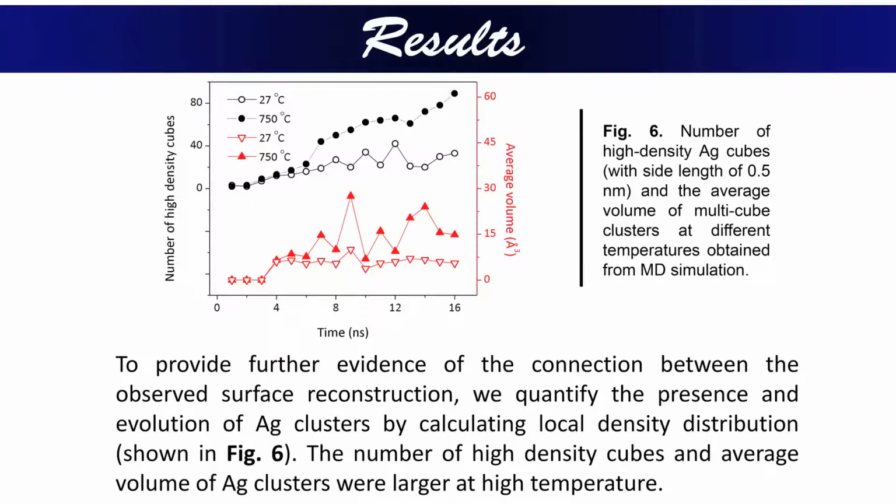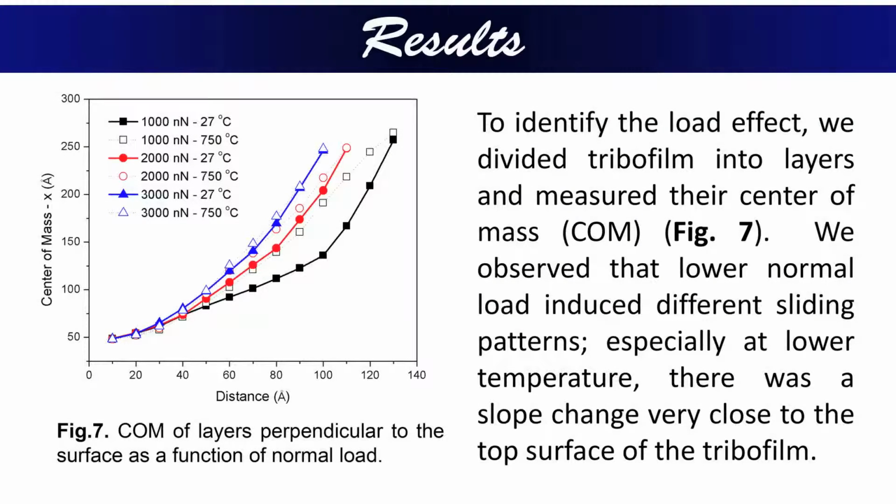And obviously, the average volume at high temperatures is a little bit larger. On the third column, we also plot the position of the center of mass for each layer of our triple film. And we can see the black square shows different starting patterns of the low normal load.